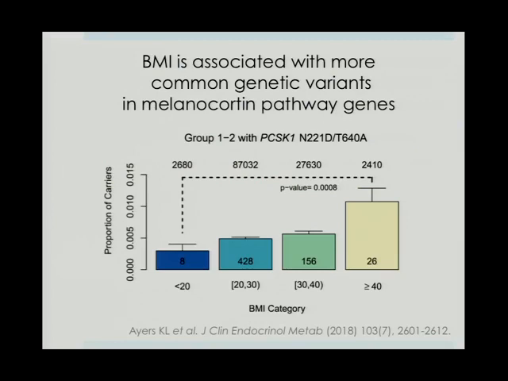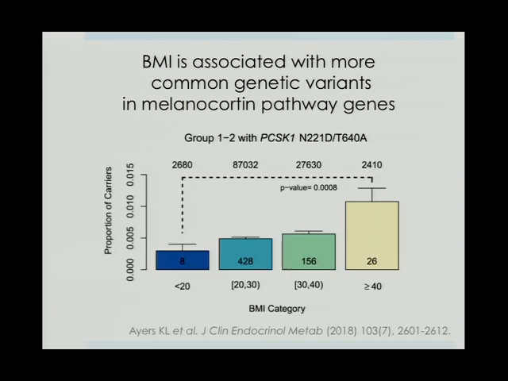Okay, so it's also very interesting to note that BMI in a general population, in this case of about 500,000 people, is associated with more common genetic variants in genes that are part of the leptin-melanocortin pathway. We can see this relationship in the figure here. BMI categories are across the bottom on the x-axis, and along the y-axis is the proportion of people in the population, the 500,000 people, with two or more common genetic variants in the melanocortin pathway.